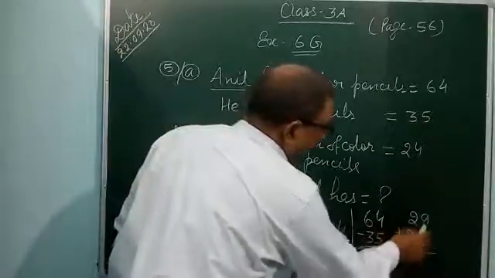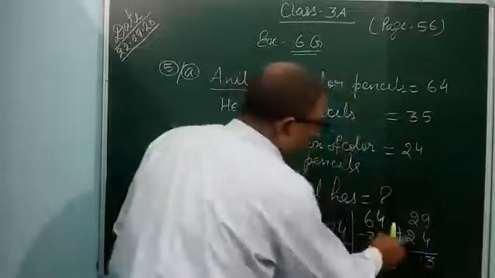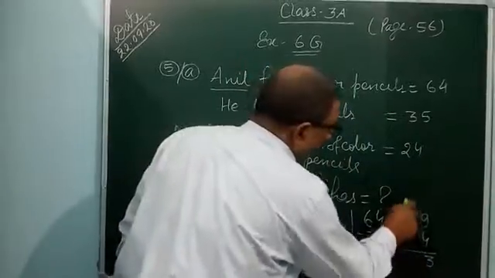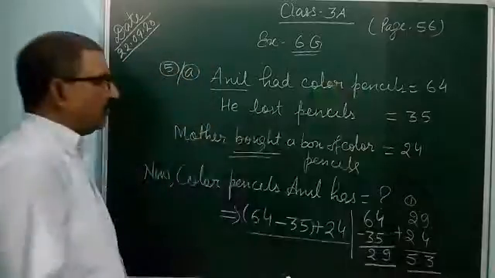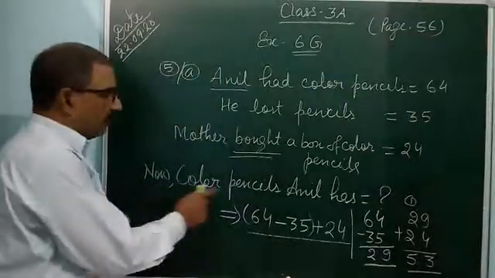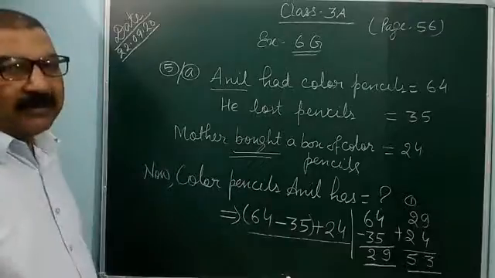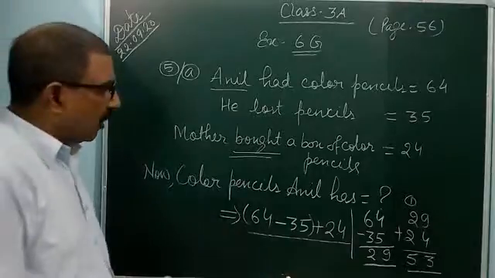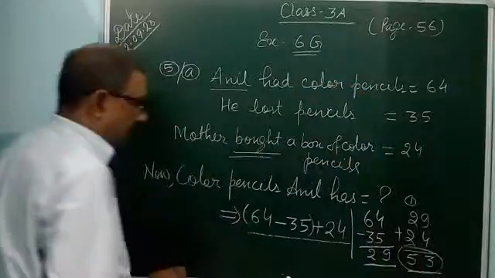Add: 9 plus 4 is 13, write 3, carry 1. 2 plus 2 is 4, and 1 is 5. 53 pencils. So now Anil has 53 color pencils.